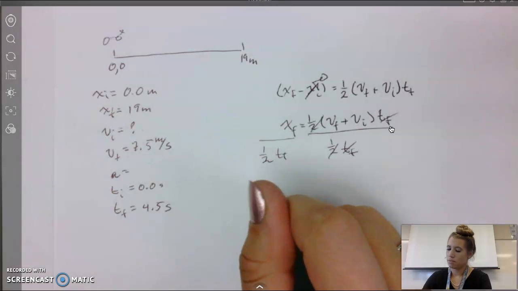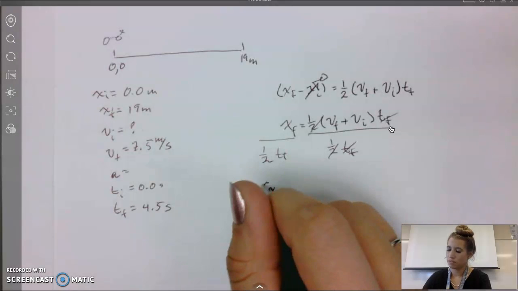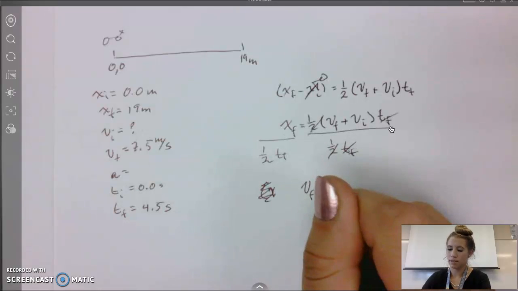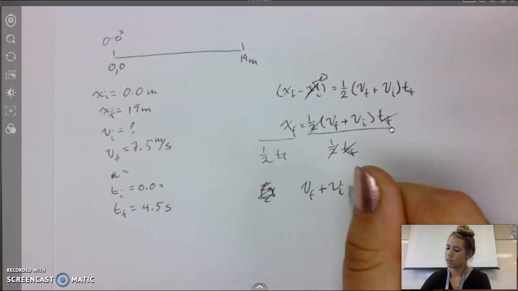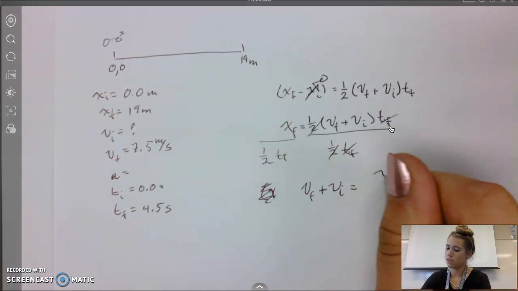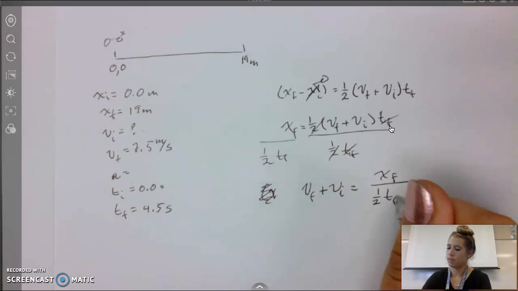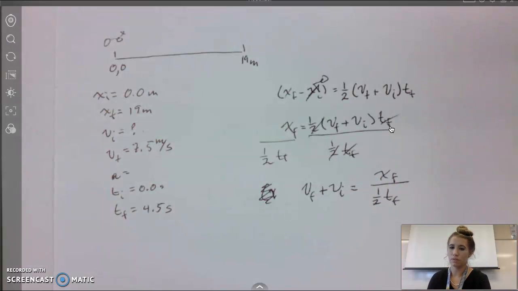So we have velocity final plus velocity initial. It's going to equal x final divided by 1/2 time final.